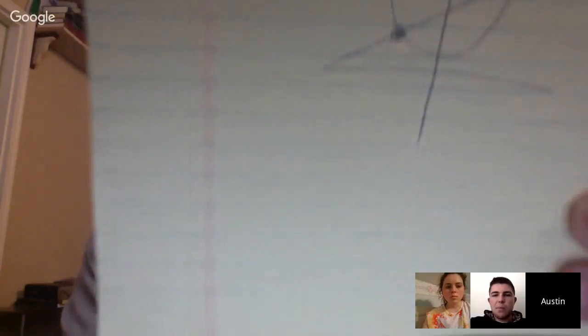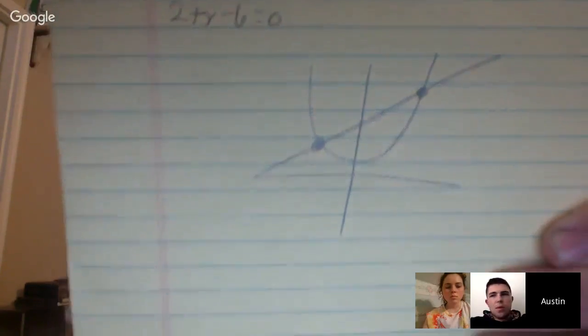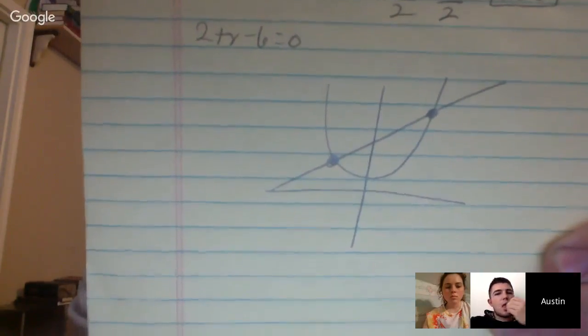The other one is just a line. So basically you're going to have 2 points, and those are the coordinates when you're given the last equation. And we'll go over those other things, but that's the point you have to find.